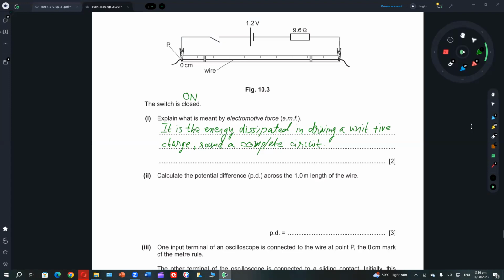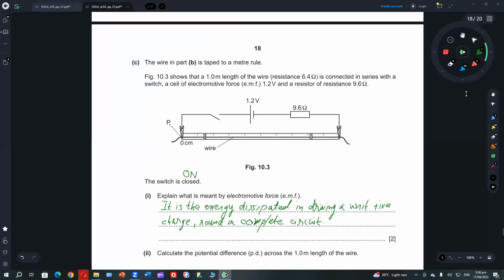Calculate the potential difference across the 1 meter length of the wire. So there is a 9.6 ohm resistor and there is a 1 meter wire.